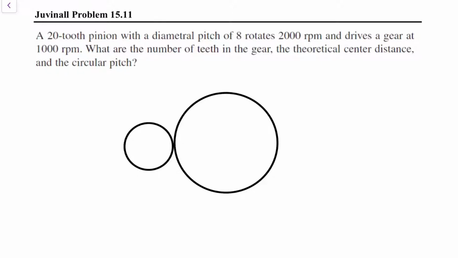Now let's write down what we already know. For the pinion, we know it spins at 2000 RPM, it has 20 teeth, and it has a diametral pitch of 8. So P is the diametral pitch.